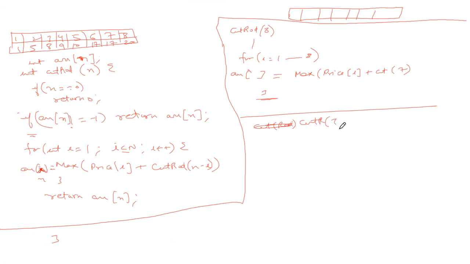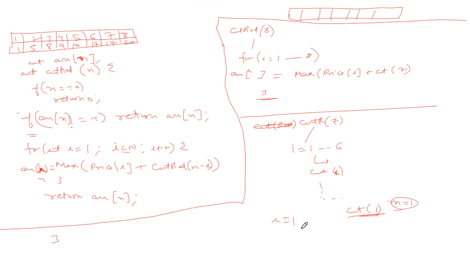Basically, cut rod of 7 will again call for i equal to 1 to 6 and will be calling cut rod of 6, and effectively cut rod of 1 will come at the very last, and that will be the first thing to have. At that time n will be passed as 1, not i.